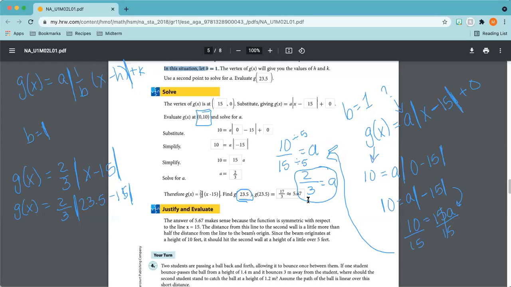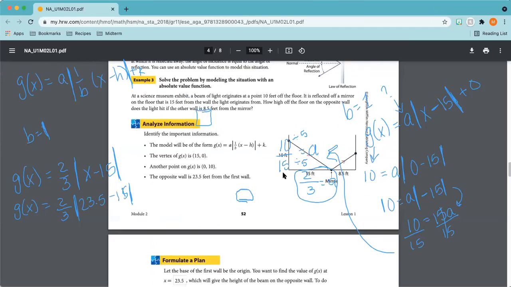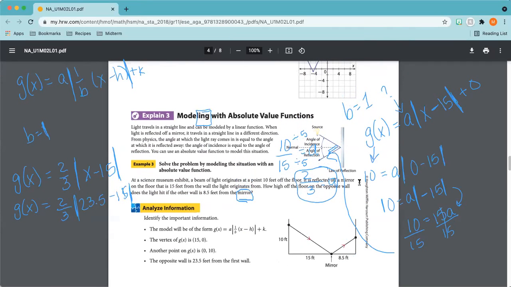Why am I plugging in 23.5? Okay, I have to scroll up. It said that from this 10-foot wall, this is really my 0. From here over to here is 23.5 feet, and I'm looking for this point here on this wall.